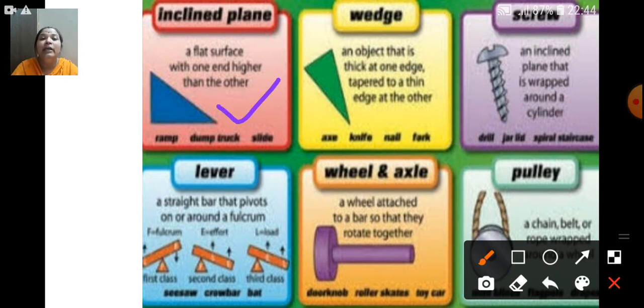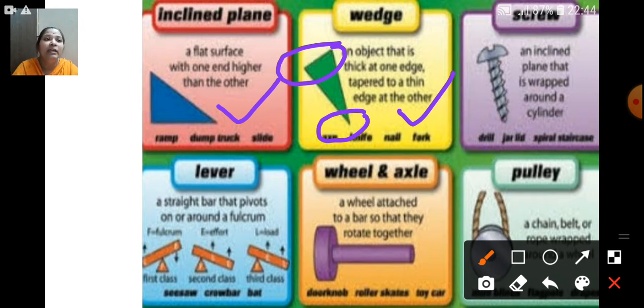This is what? Inclined plane. Now wedge, an object that is thick at one end and thin at the other end. This is known as wedge. So this is a wedge.